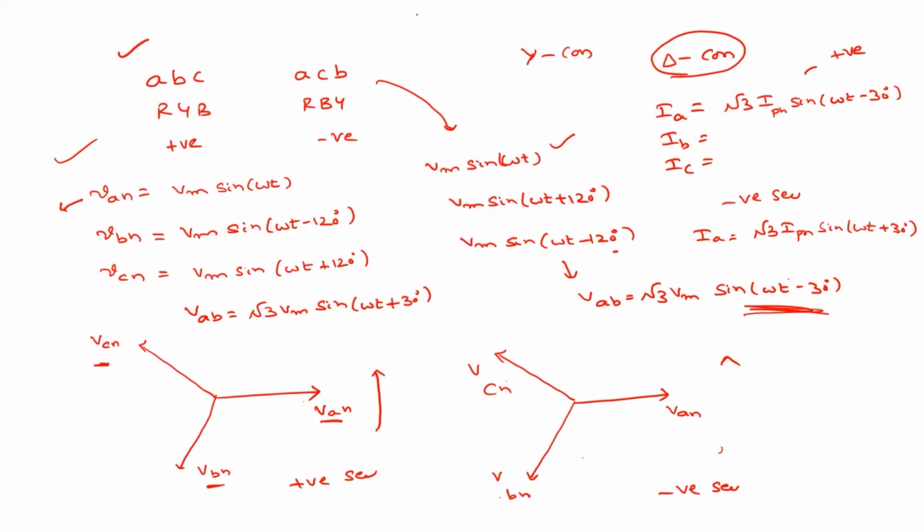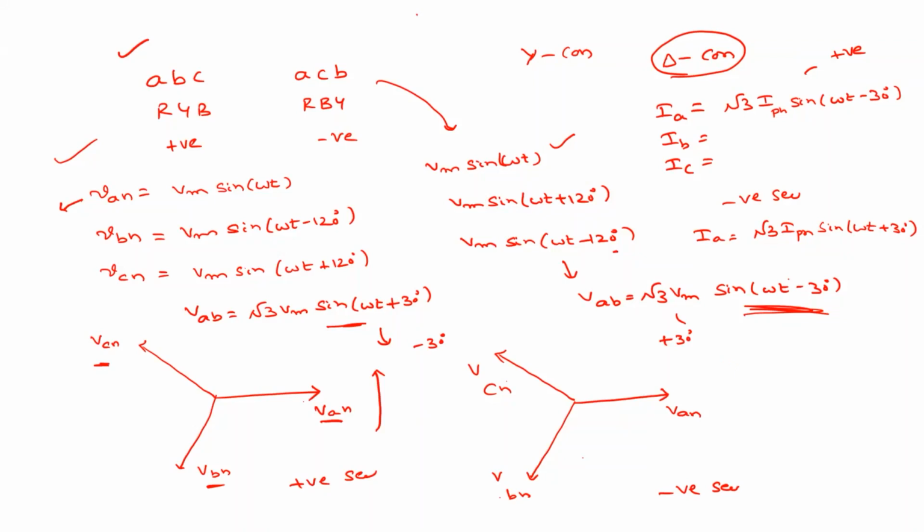Clear? So this is for voltages, but in case of currents in delta system, this will be minus 30 degrees and this will be plus 30 degrees. Why is it plus 30 degrees and minus 30 degrees? You need to prove that. Try to do that as an assignment.